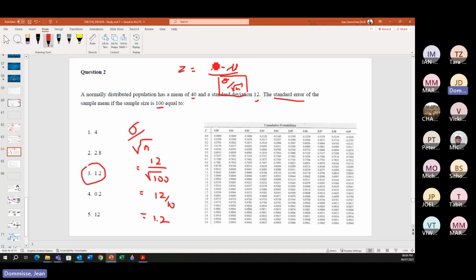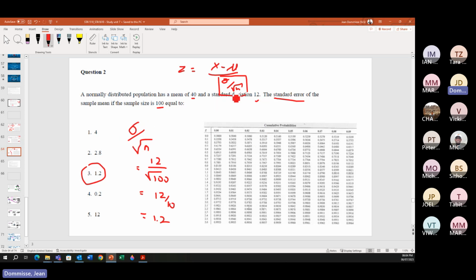Just be aware that in the exam they are more likely to give you the X value as well, because a lot of students would continue and assume you need to work out the Z. So be careful in the exam and even in your assignments, that they might give you the X value as well but actually just want the standard error.